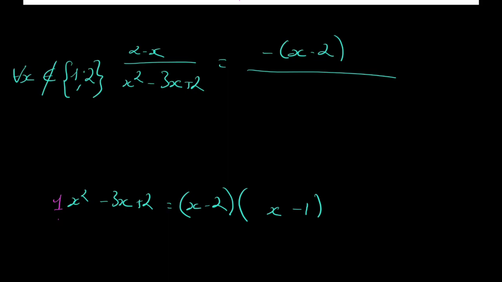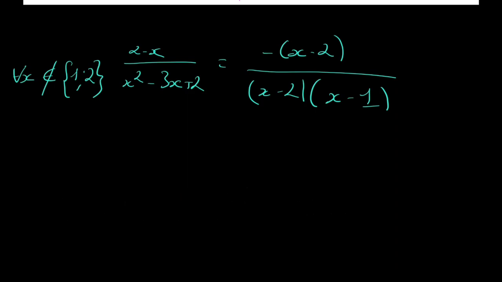These are the two forbidden values. And we can say that this thing here is equal to x minus 2 times x minus 1. And this is now easy to simplify. Simplify the x minus 2 together to get minus 1 over x minus 1.